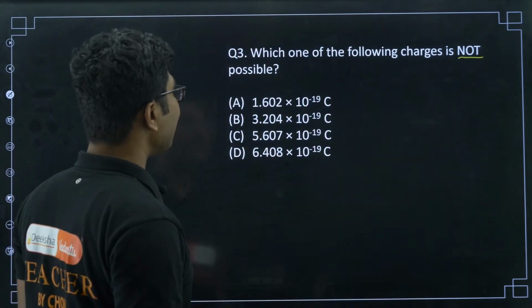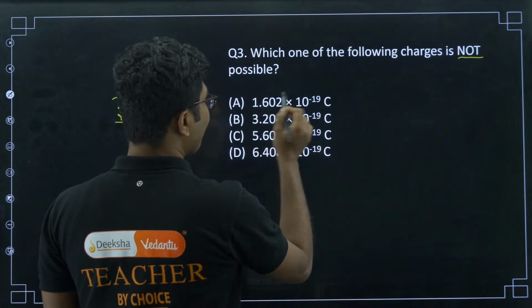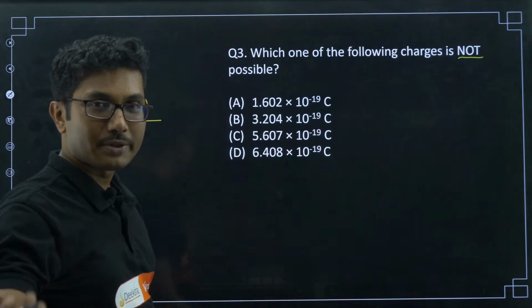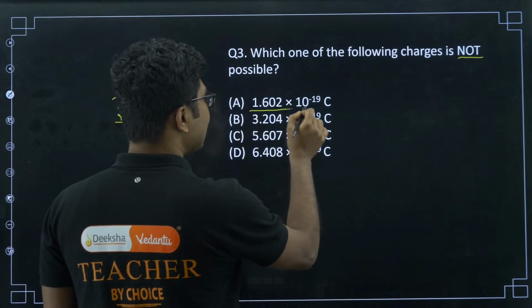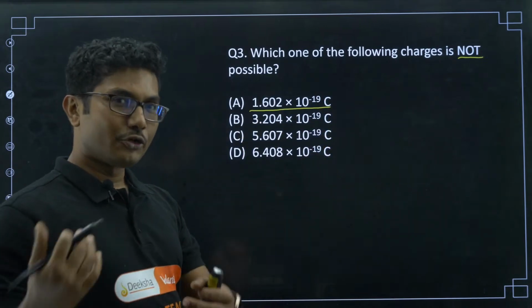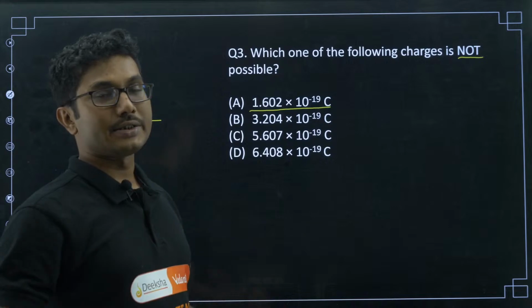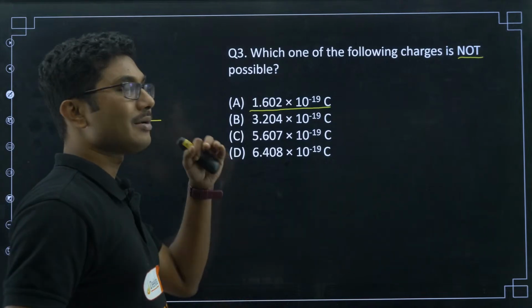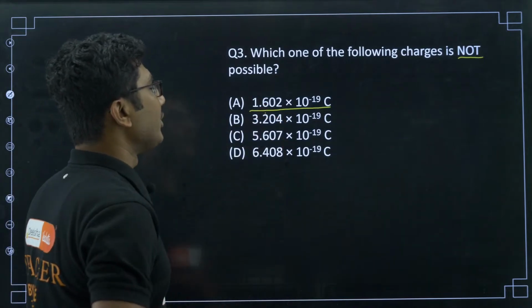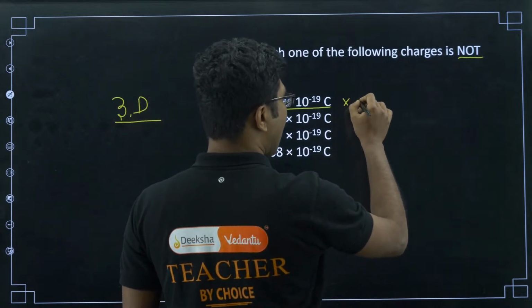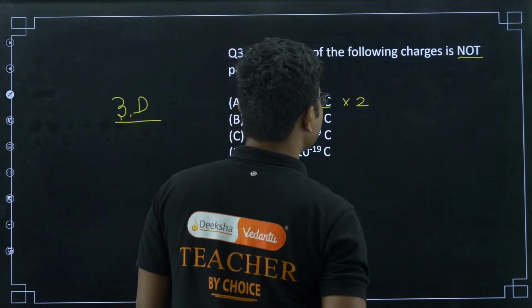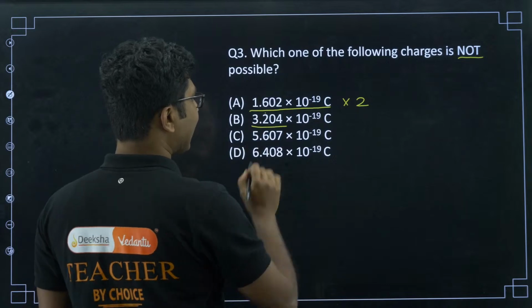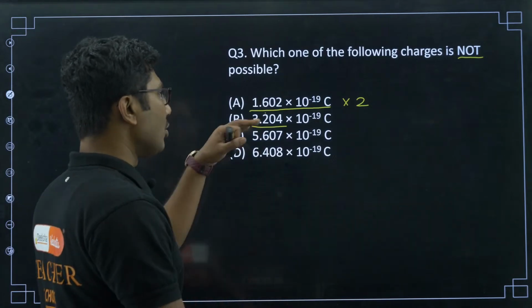Which one of the following charges is not possible? Obviously, we know that the smallest possible charge is this. So, this is possible, and any other charge has to be an integer multiple of this. If you multiply this with 1, it is 1, if you multiply with 2, then you get the second option. So, this is also possible.